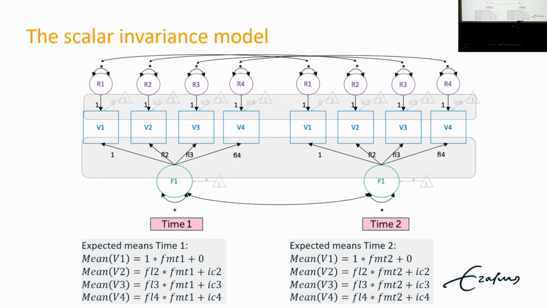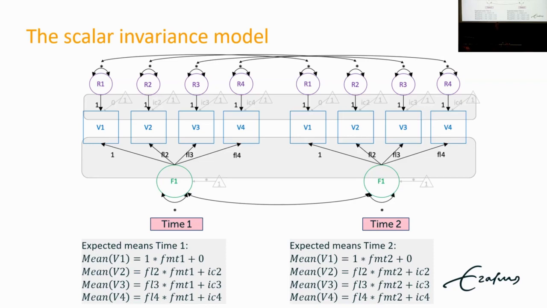It cannot be the result of a difference in intercept or a difference in the factor loadings, the strength with which we can connect the item to the latent variable. It can only be a result of true differences in means on the latent level, so the true depression scores. That only impacts whether the means on the 2 time points are different by constraining the factor loadings and the intercepts.